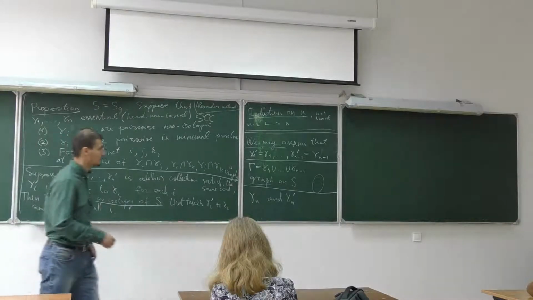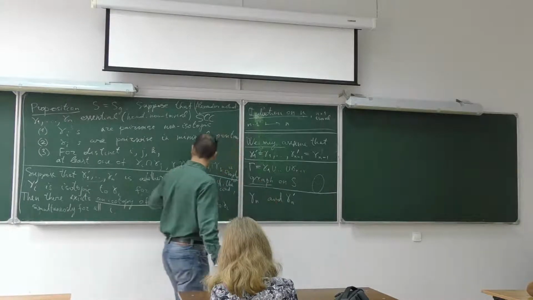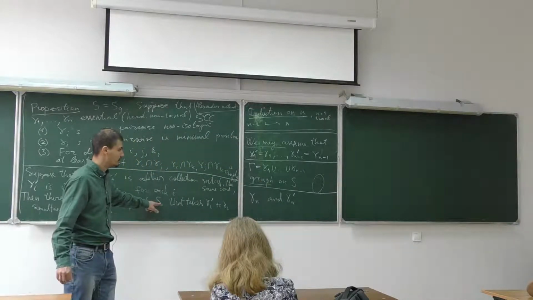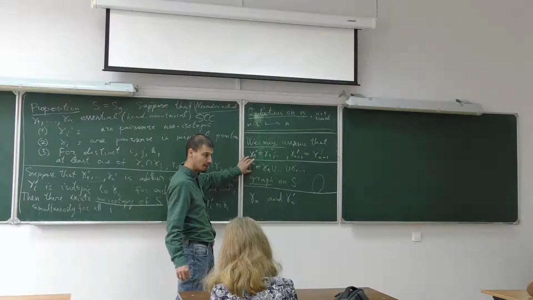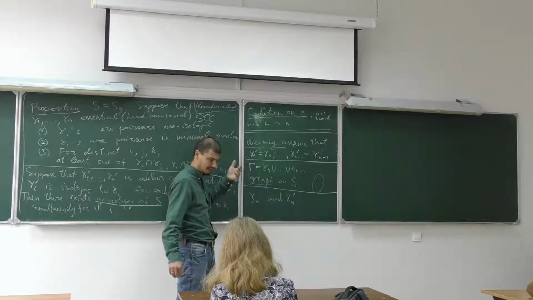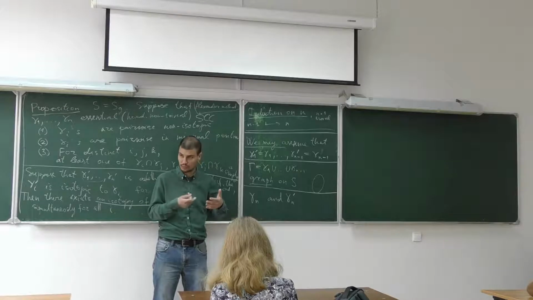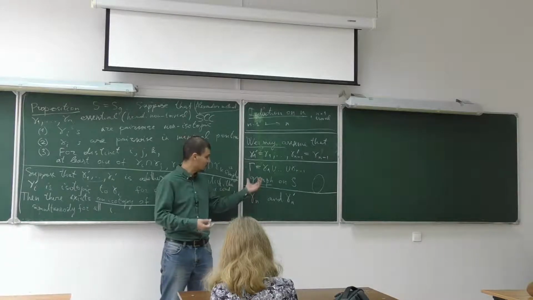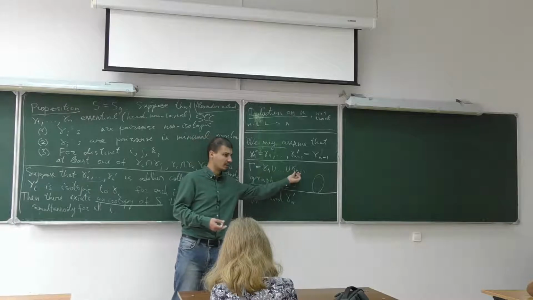And my goal is to construct an isotopy of S that fixes gamma. I mean that it fixes it setwise, so it fixes it as a set, but also it fixes every component.